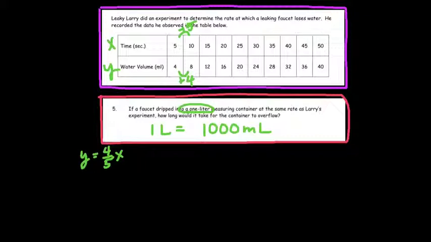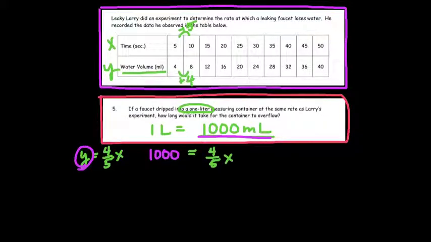Basically what I'm converting to is this 1,000 here. That's what my milliliters needs to equal. Since my milliliters is the y here, I'm going to replace this y variable with 1,000. So I'm going to say 1,000 equals 4/5 times x.